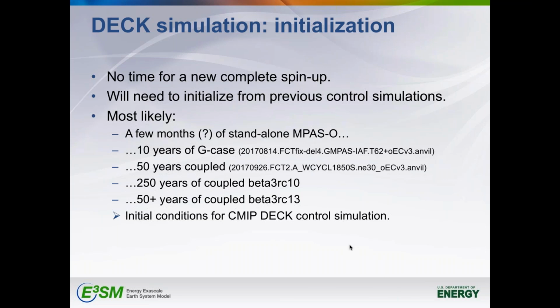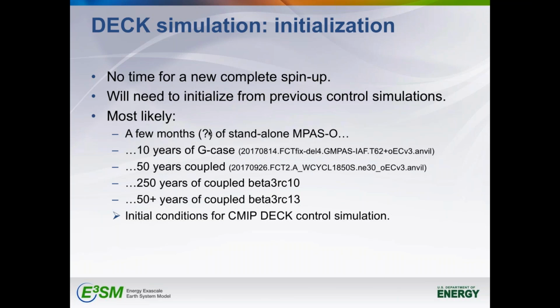And this is likely the series of simulations that we will be using, and that's what we have been using in the past. So I went back to Confluence and traced the history of the initial conditions that were used for beta 3 RC10. And the history, I think, starts with a few months or maybe a few days of standalone MPAS-Ocean.